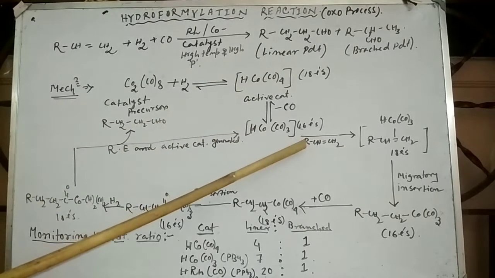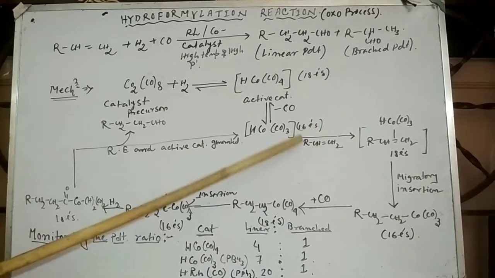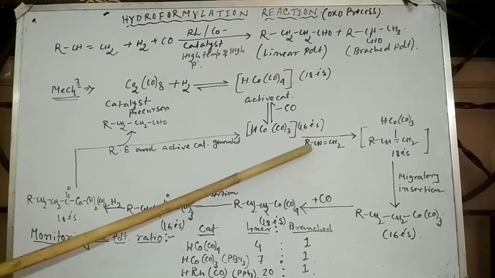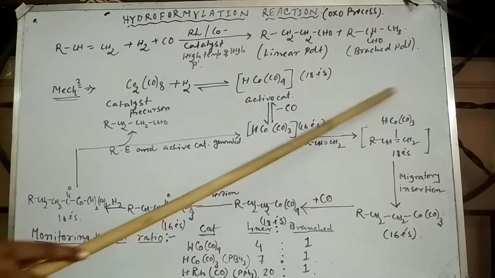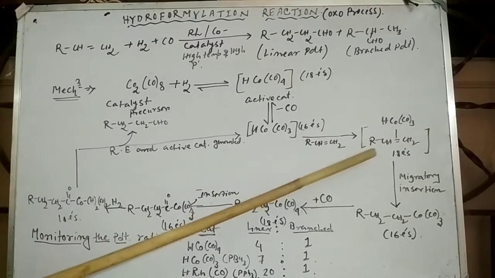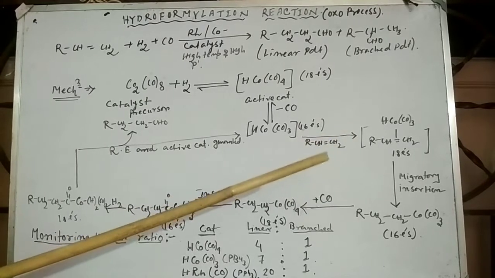Now, with the addition of an olefin, for example RCH=CH2, this type of complex is obtained, and this complex follows the 18 electron rule.